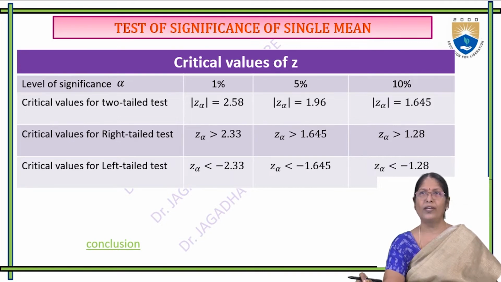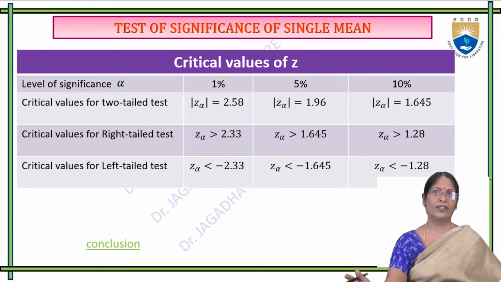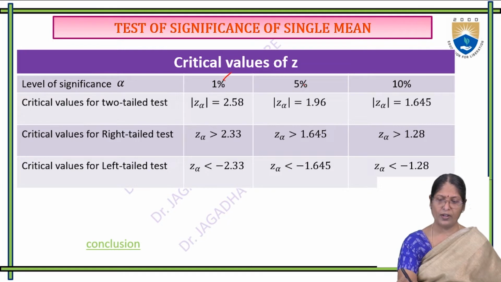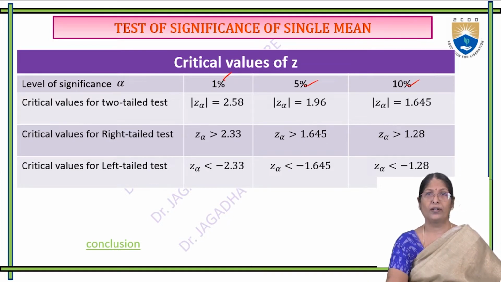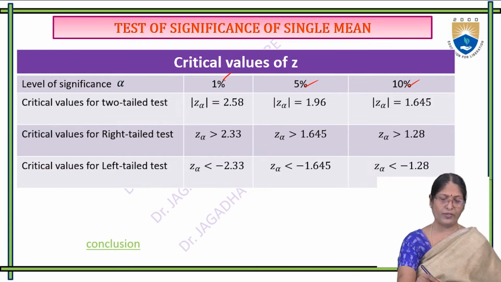Similarly, in this population and sample connectivity, to decide whether to accept or reject the given conditions, we want fixed data. This slide shows the critical values of Z: 1 percent, 5 percent, and 10 percent. These are critical values for the two-tailed test.